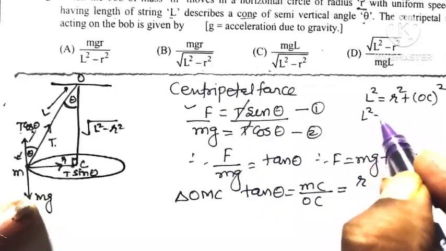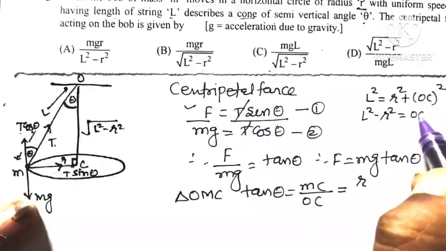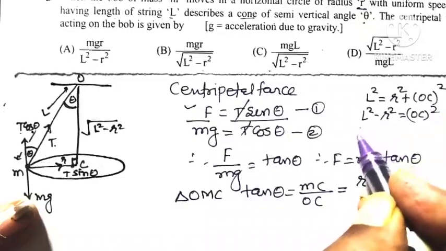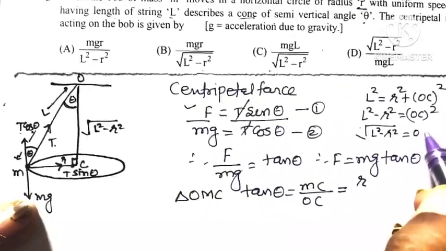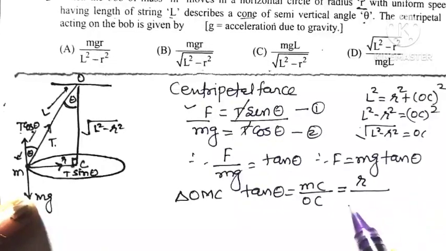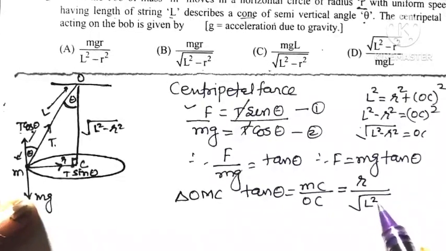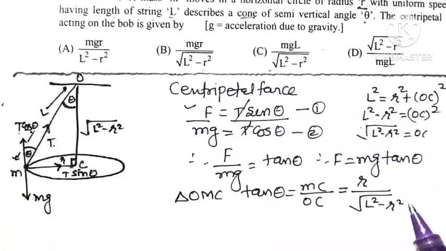So L square minus R square is equal to OC square, or under root of L square minus R square is equal to OC. So tan theta is R divided by under root of L square minus R square.